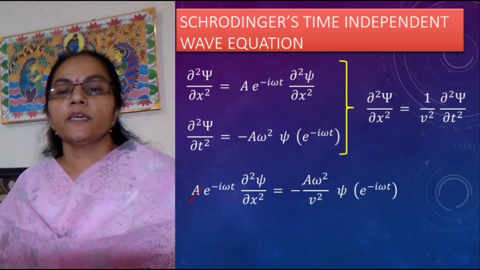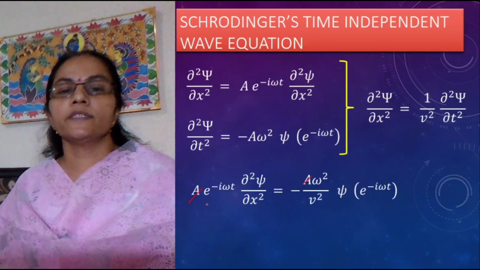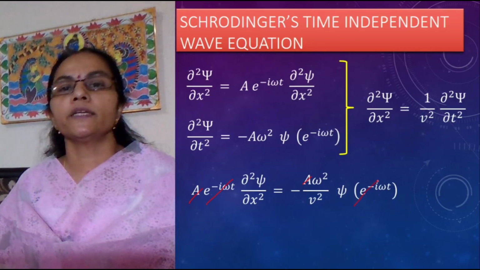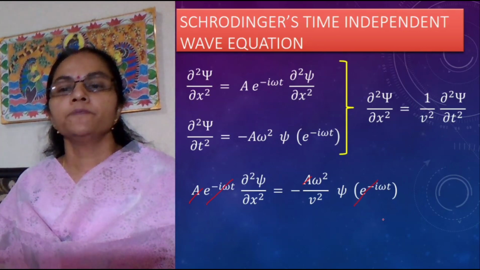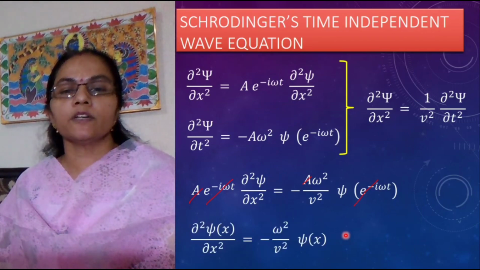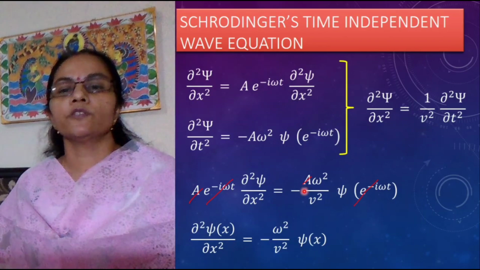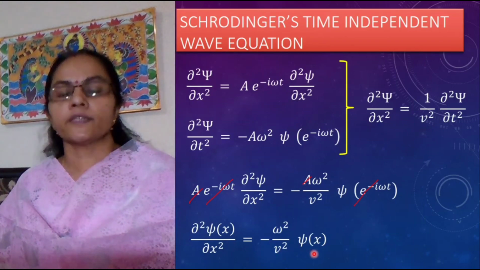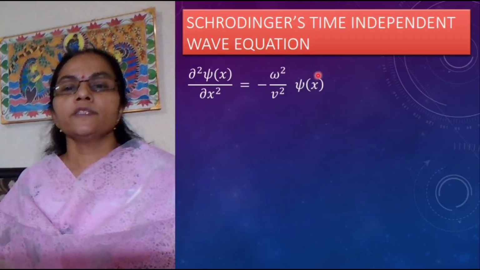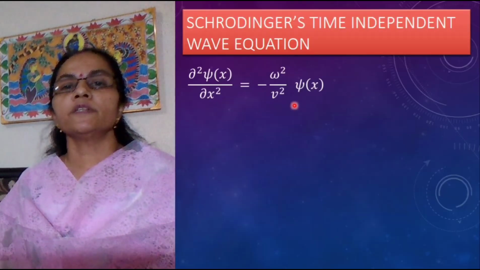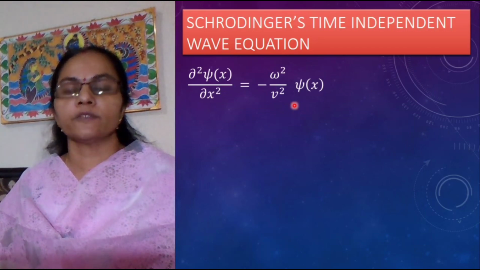Now this a and this a will get cancelled, and e to the power minus i omega t will get cancelled from both sides. After cancelling these terms, I will be left with del square psi by del x square equals minus omega square by v square psi of x. So this is the equation we obtained after putting the derivatives in the wave equation.